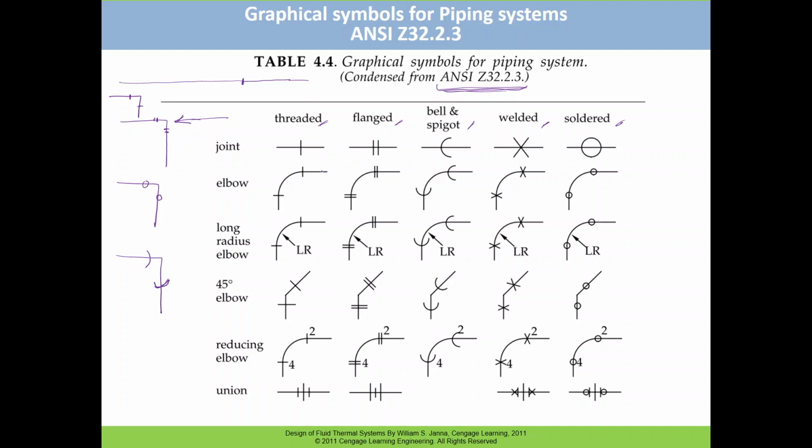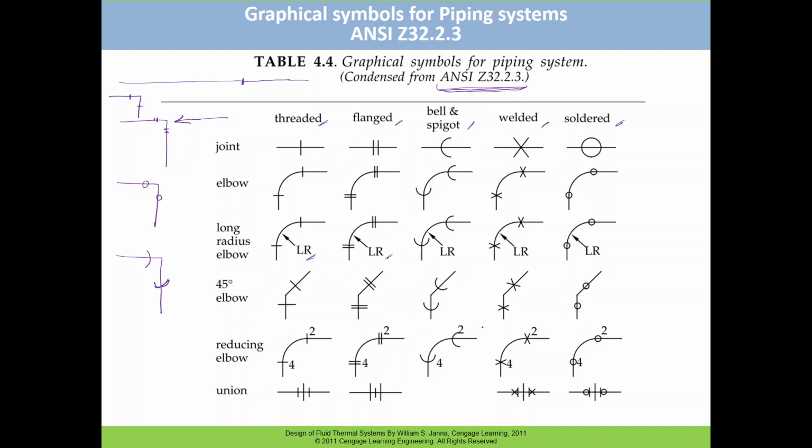And then if it is an elbow, you have to show the elbow with the proper signs: one line indicating threaded, the double line indicating flange, and similarly the curve, cross and small circle indicating ball and spigot, welded and soldered respectively. If this bend is large radius, then you have to write LR here, indicating that your bend is large radius.